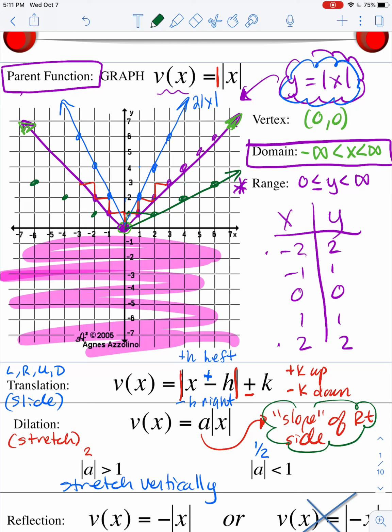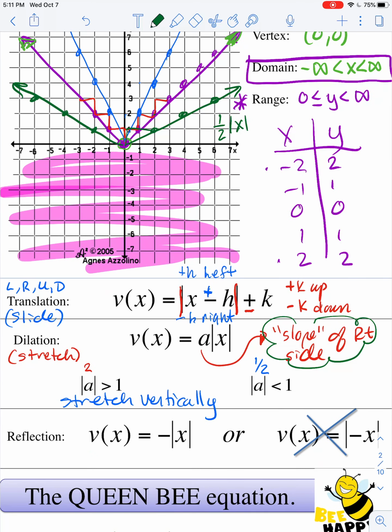Then I would mirror that going the other way, and I won't torture you with me counting. And then if I look at that graph and I say, okay, this is the 1/2 absolute value of x graph, how is that different than my purple one, which is the original? Well, this one is wider. So I always think of this as being wider. I think of this other one as being narrow.